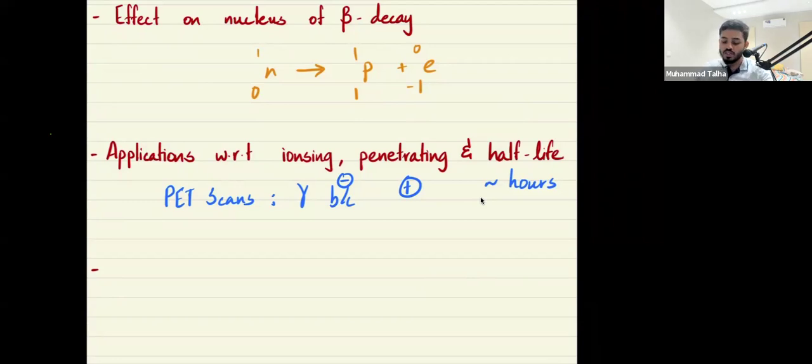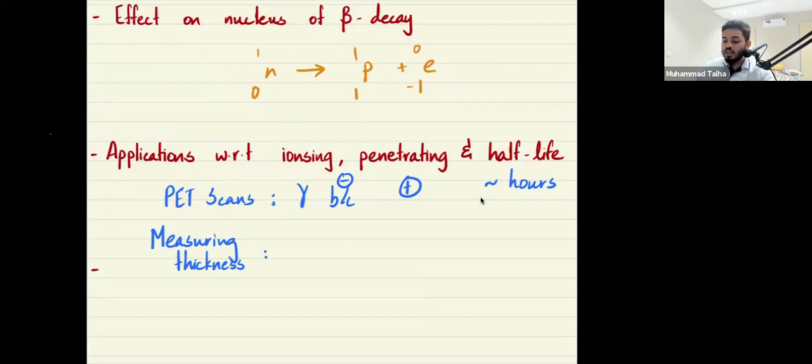In comparison to this, let's say you are using a radioactive isotope for measuring the thickness of a certain metal. Now, what do you want to happen in this case? Again, ionizing we don't really care for because the metal can't really die.